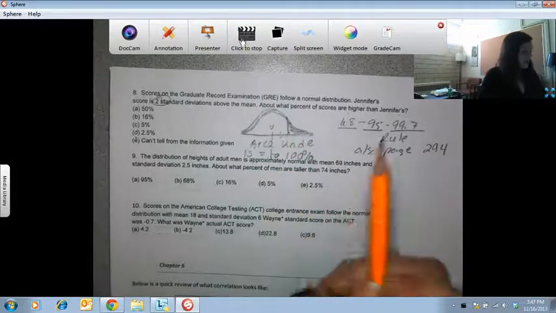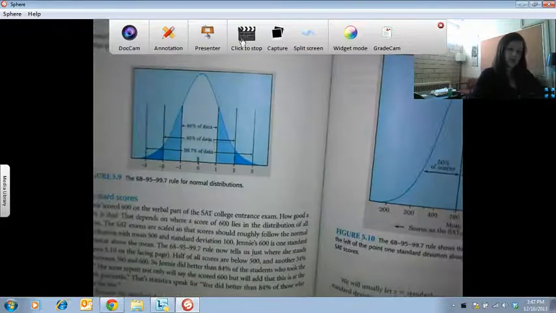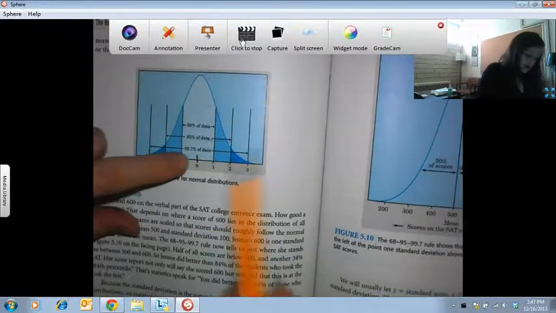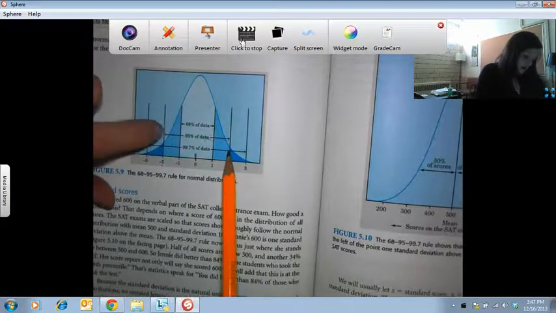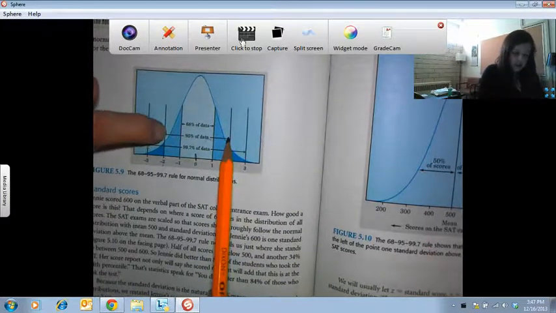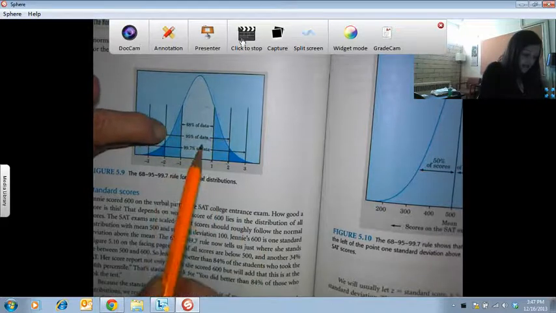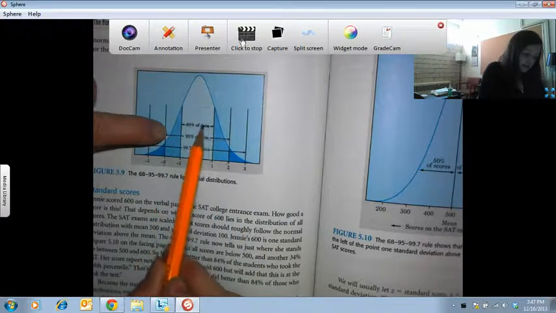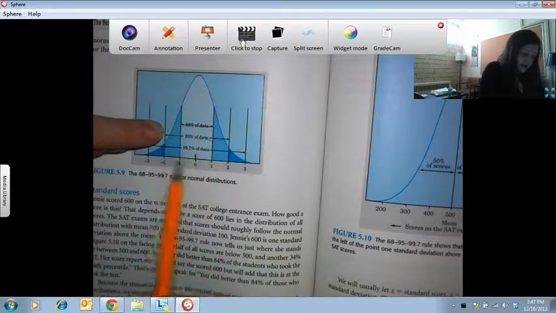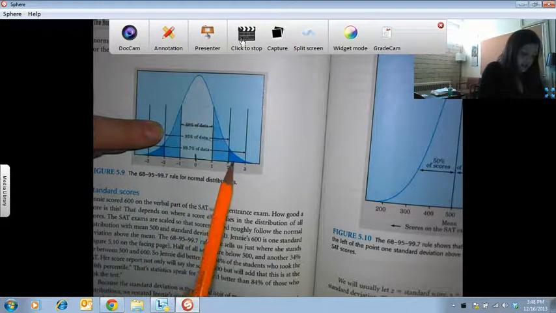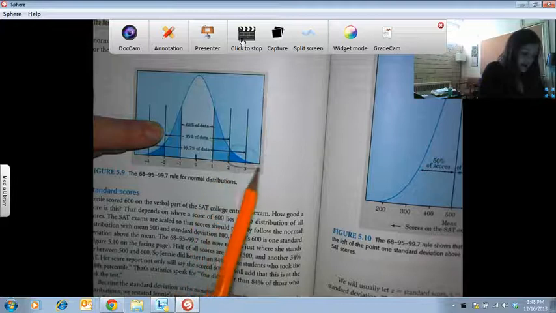Okay, so if we look here, we know that all the way from here to here is 95%, and that in the middle is 68%. If you do all the math and subtract the percentages, you should get that this is about 5% here.